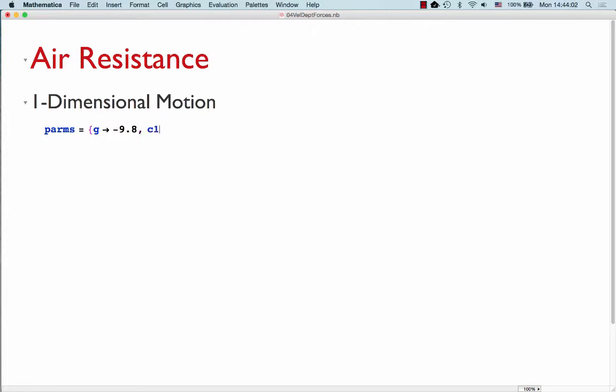And for good values for a basketball, I worked out that C1 should be something on the order of 3.875 times 10 to the negative 5, not 15, 5. And C2 works out to be pretty good as 0.0138. The mass of a basketball is about 0.6 kilograms.